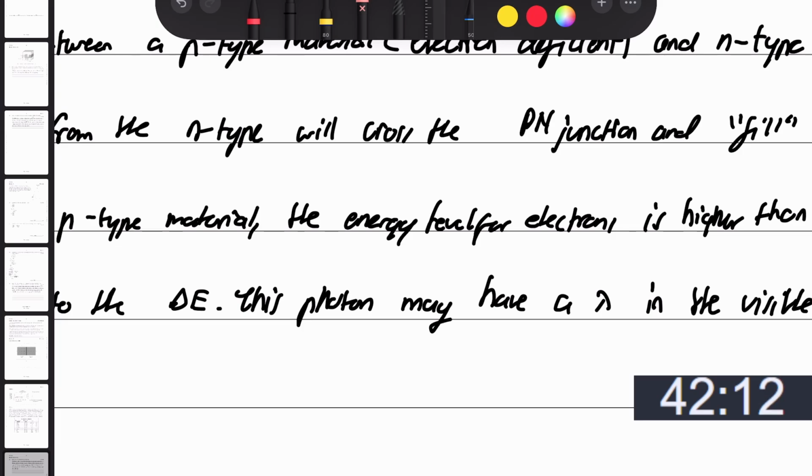The energy level of the electrons falls, dropping from the higher level of the P type to the lower one of the N type.